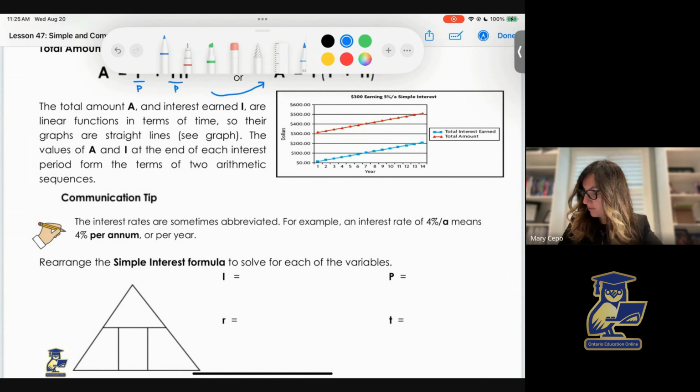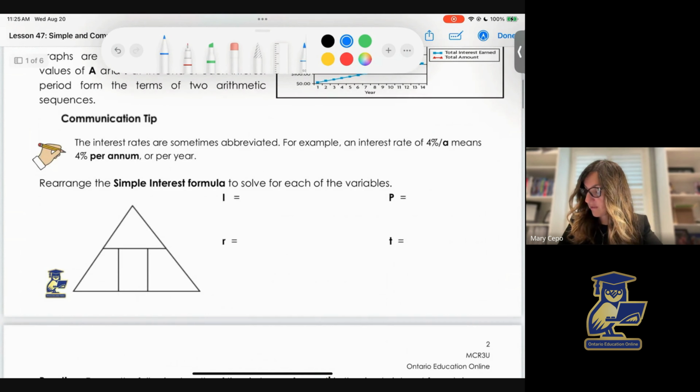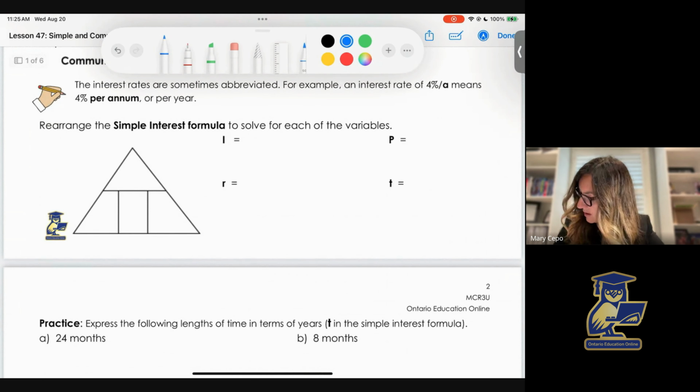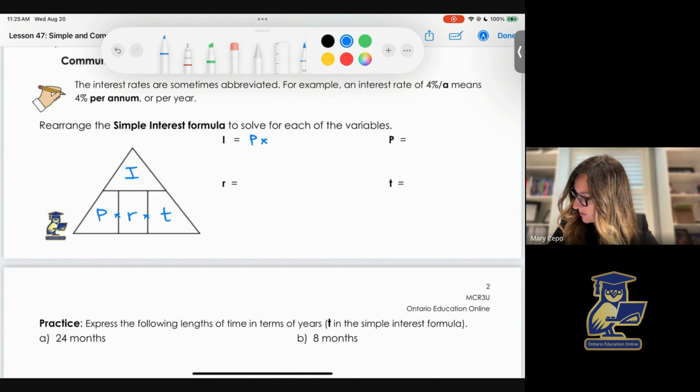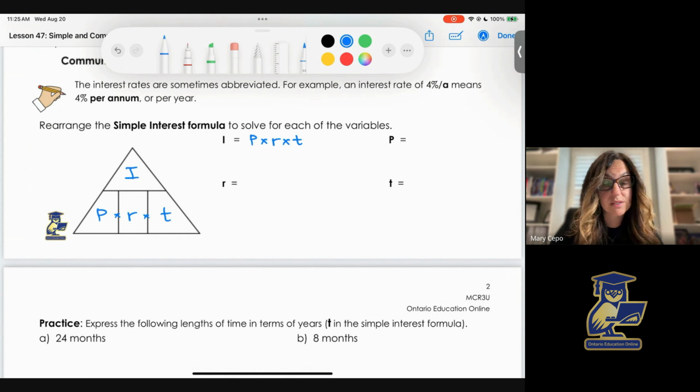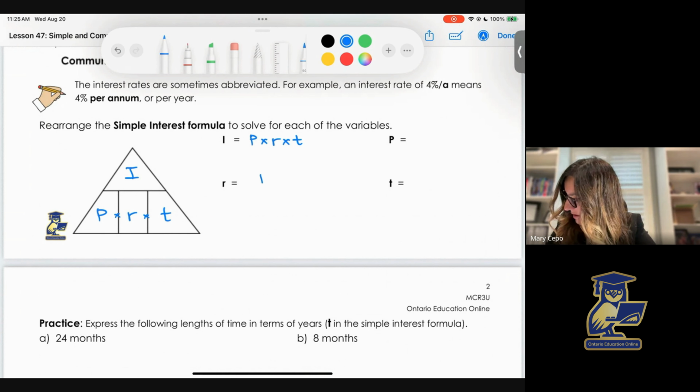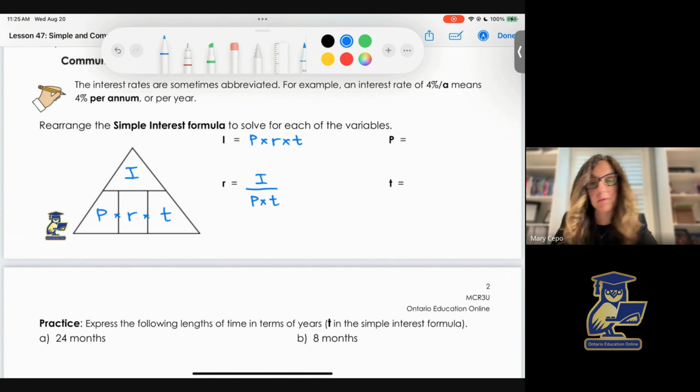Let's rearrange the simple interest formula to solve for each of the following variables. We know interest, I, is equal to the principal times the rate times the time. Remember, this is all multiplying. So if we want the interest, it would be P times R times T. If we wanted the rate, if we cover R in the triangle, we're left with I over P times T, so principal times time.